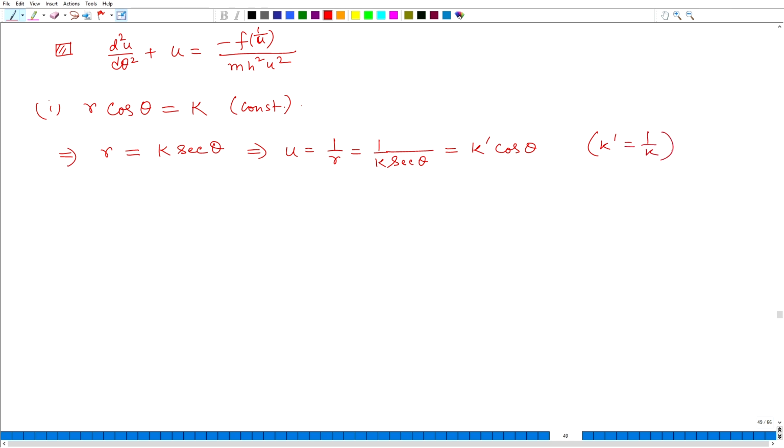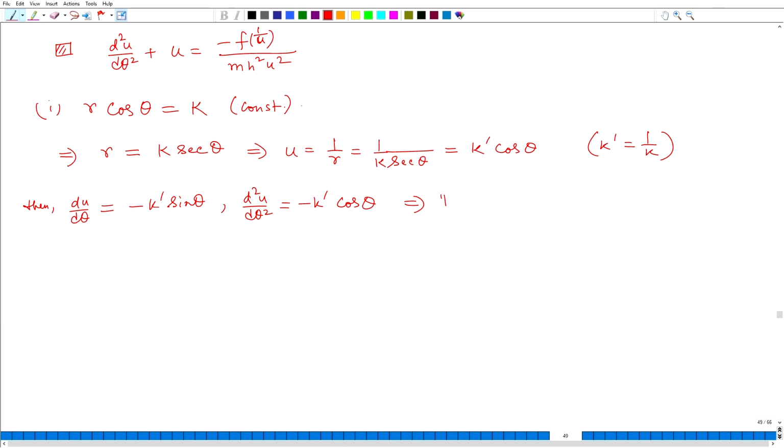I think this is much easier. You can also check the other one, that is r sec θ is equal to a constant. If you do that, then du/dθ is equal to minus k' sin θ, and d2u/dθ² is equal to minus k' cos θ.